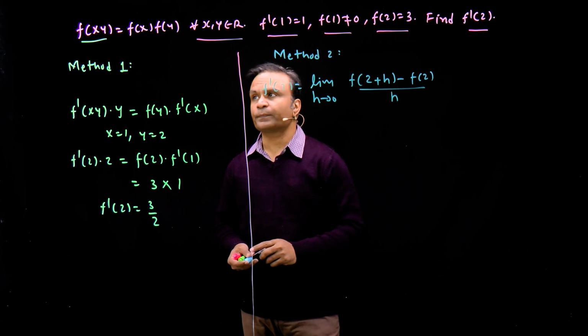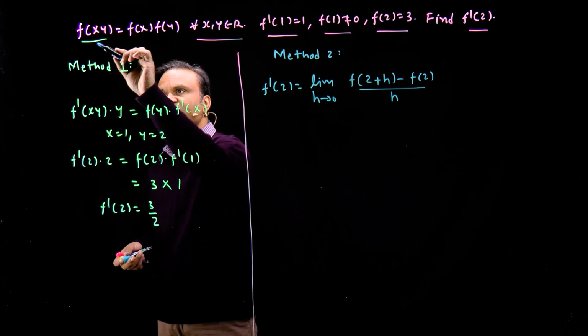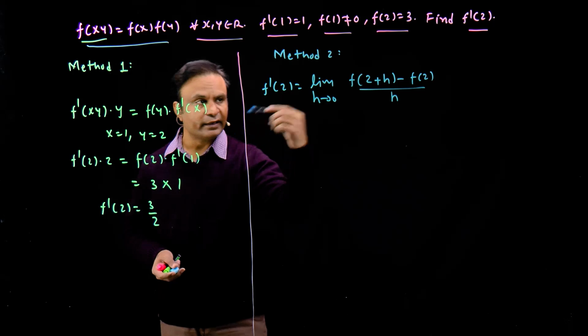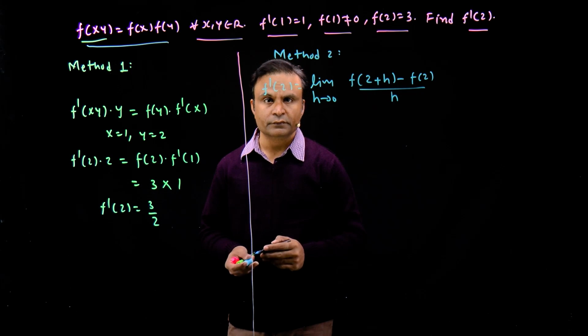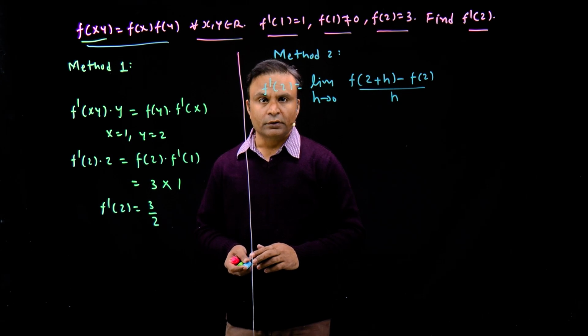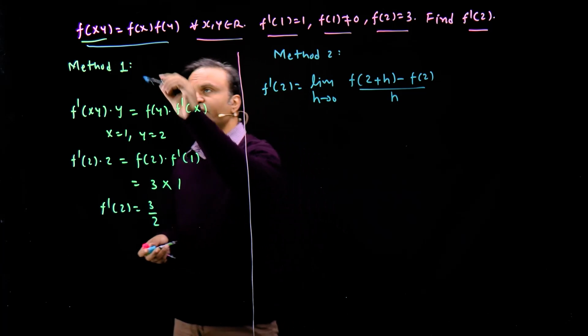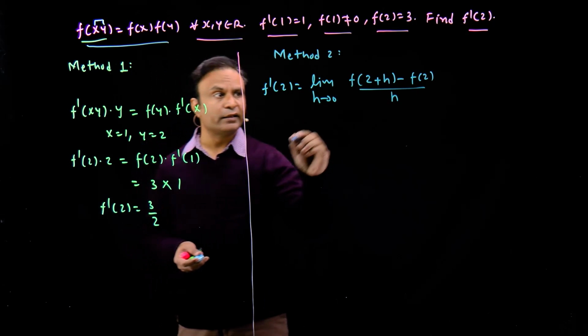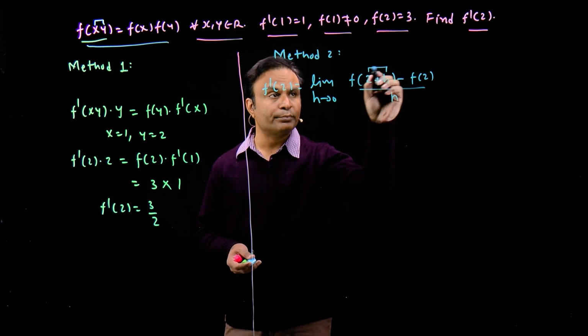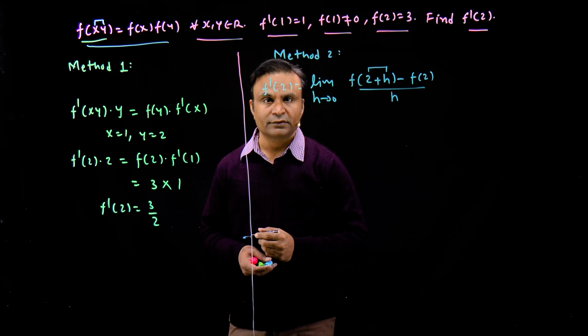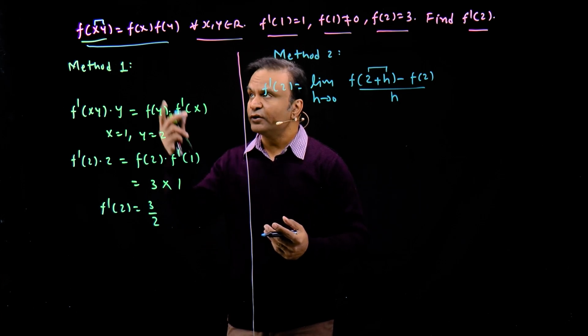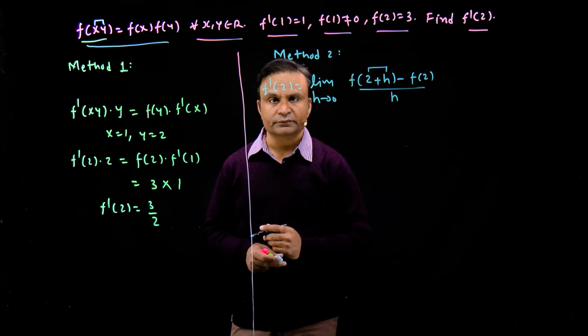Next, now I have this functional equation. How can I use this here? One problem is that here we have x multiplied by y and here we have 2 plus h. How can we use this relation here?